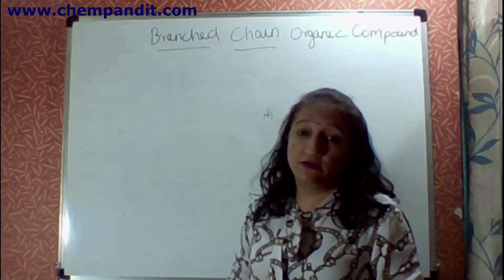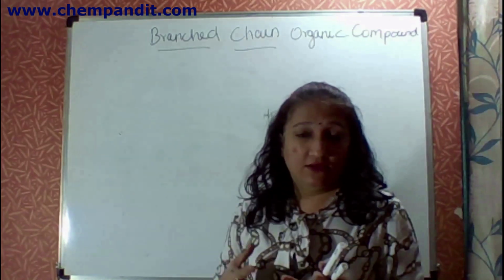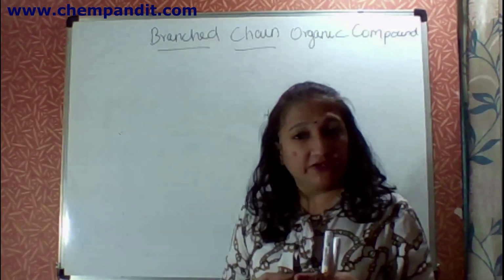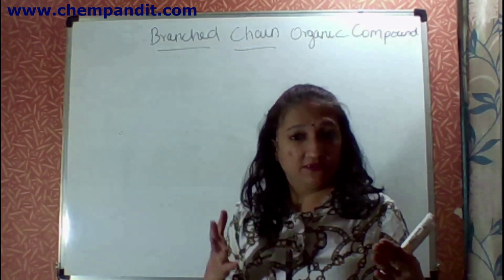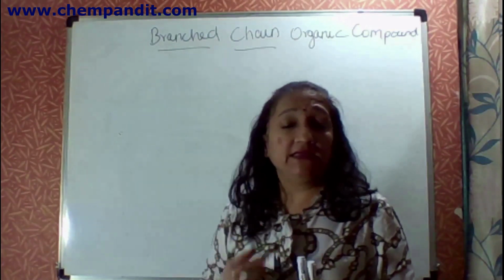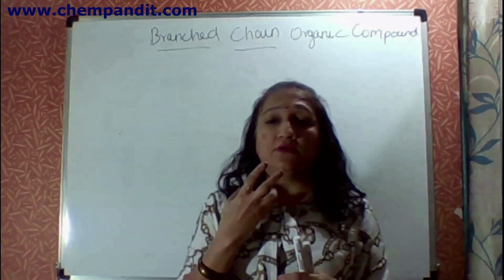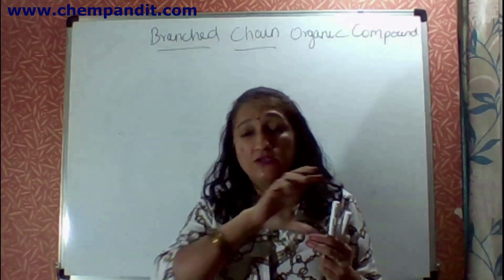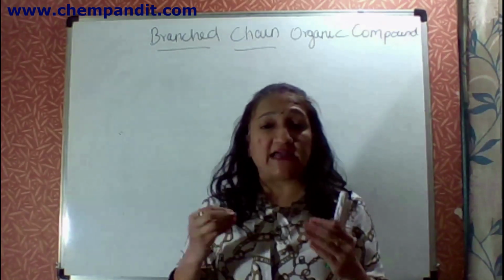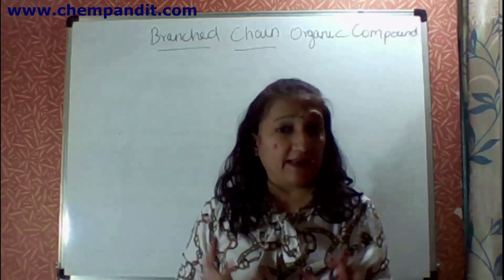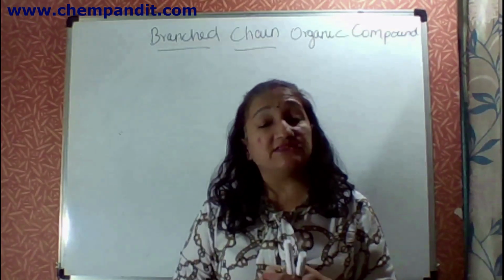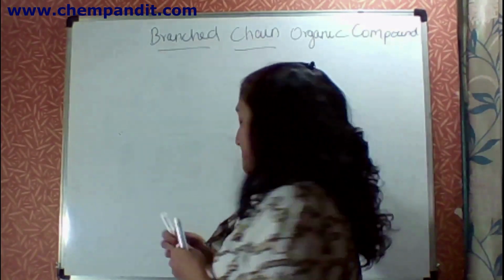Now, suppose there's a tree. As is the case with a tree, it has many branches, right? Similarly, if there is some group of atoms which actually pops out from the main carbon chain, then they are known as branches. How?